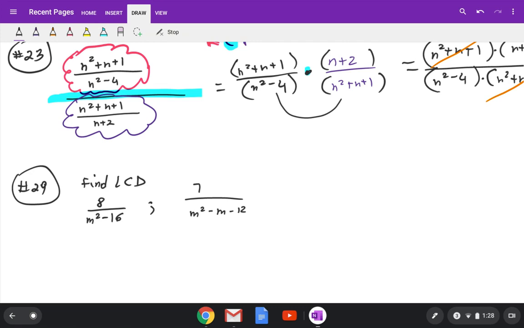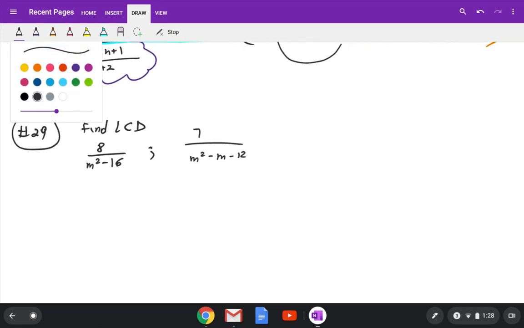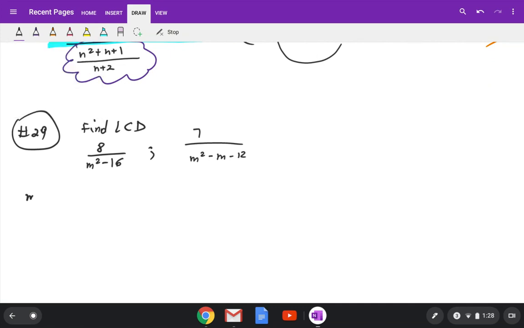So I gave you all the steps how to find the LCD. First, you need to factor each denominator. So m squared minus 16 is the same as m squared minus 4 squared, which is the same as m minus 4 times m plus 4.